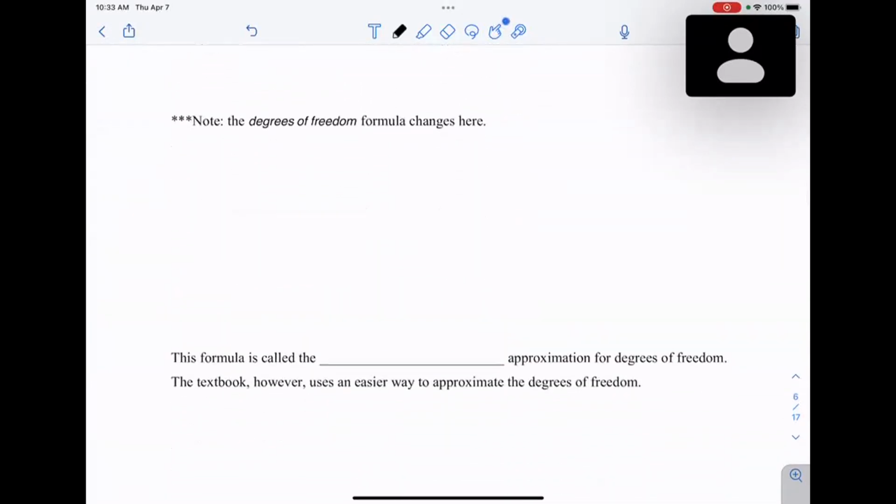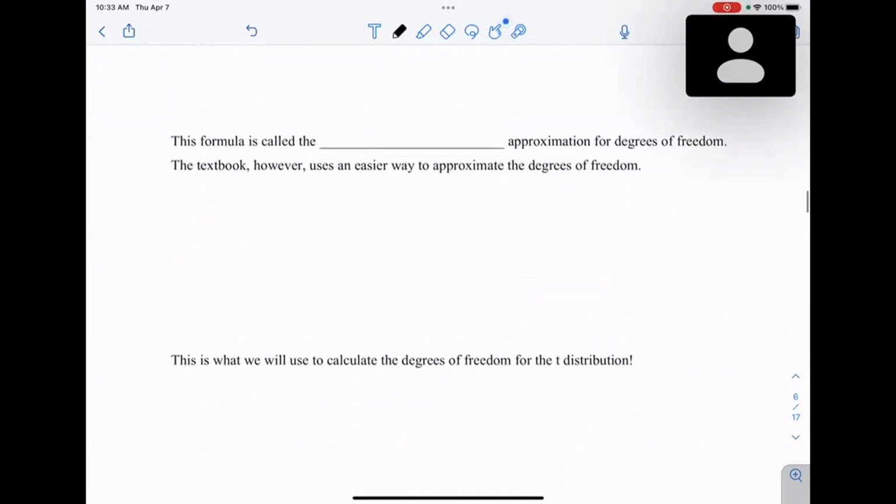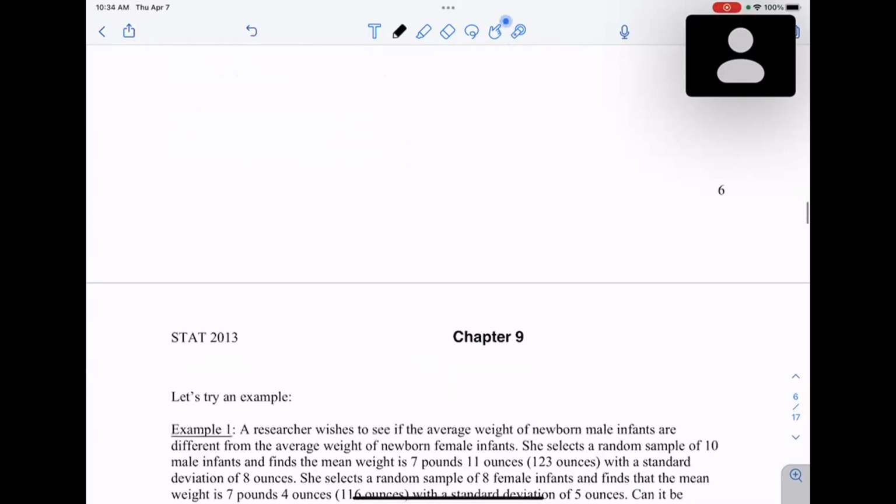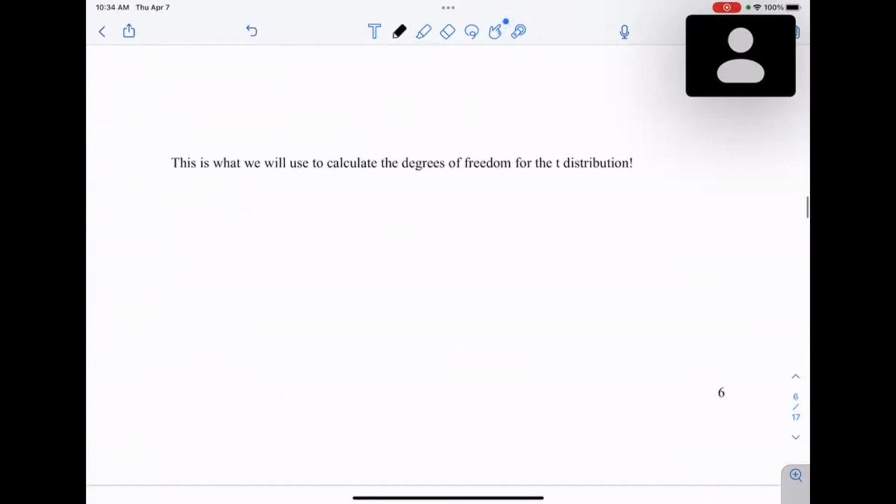Yeah, so note the degrees of freedom formula changes here, and y'all got scared. And the formula I gave you, which was very awful, is called Satterthwaite's approximation. And we're not going to use that. So don't worry about it. N2 minus 1, yes, correct. So where did that come from? Yeah.